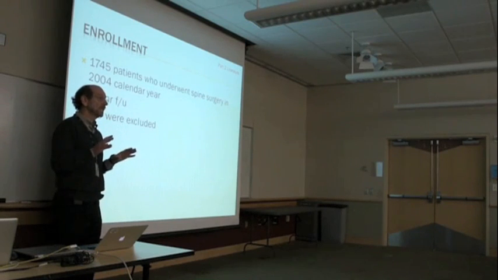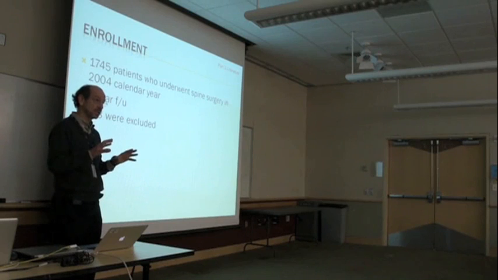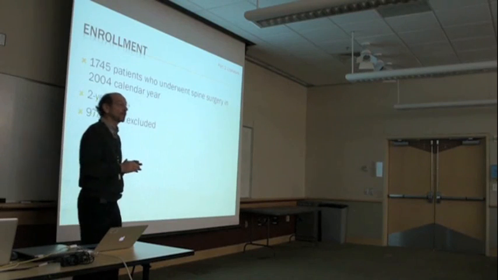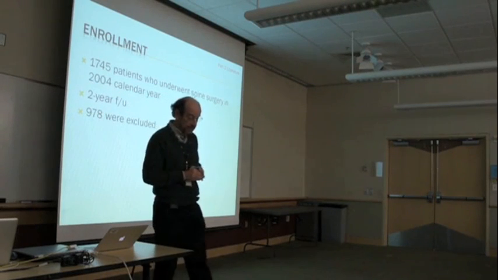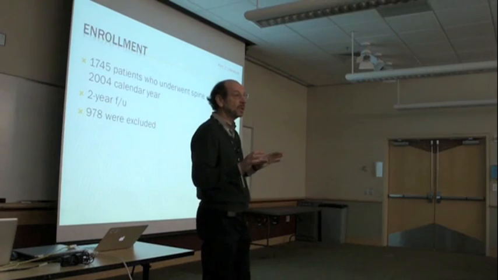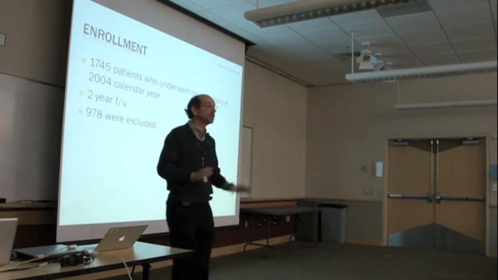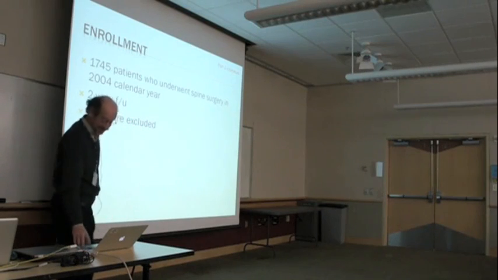Whenever you see a study like this where there's a lot of exclusions, you have to really carefully look at the exclusions, because the possibility for bias is overwhelming. Supposing you excluded on a criteria that would really mean that every unhappy patient was excluded from the database, your results could be totally meaningless.